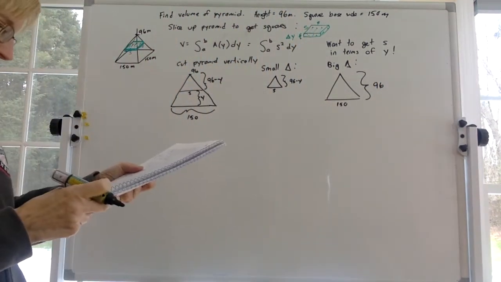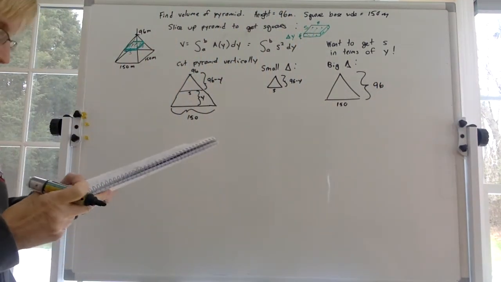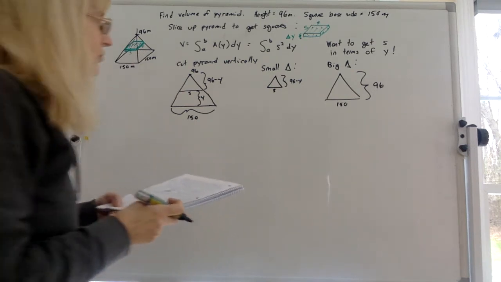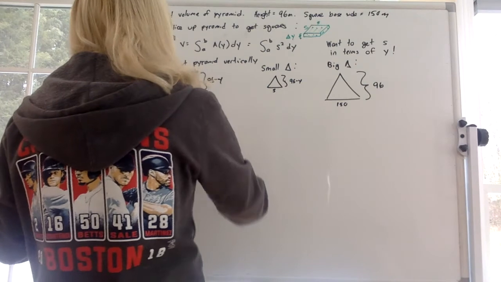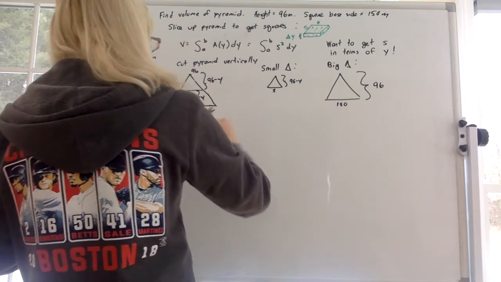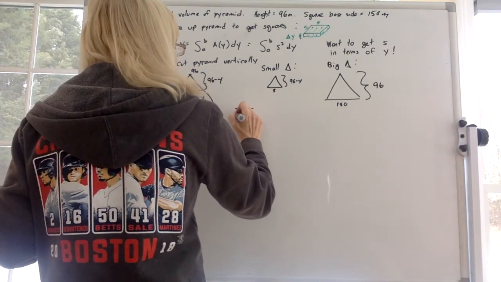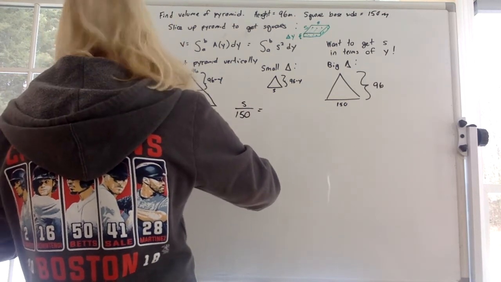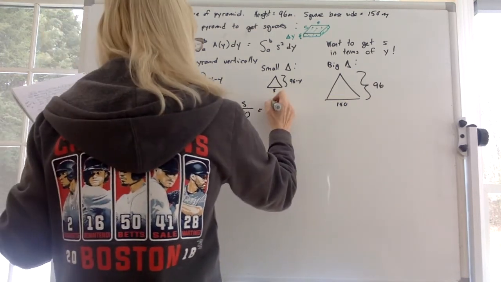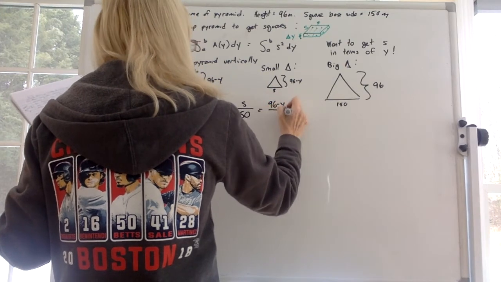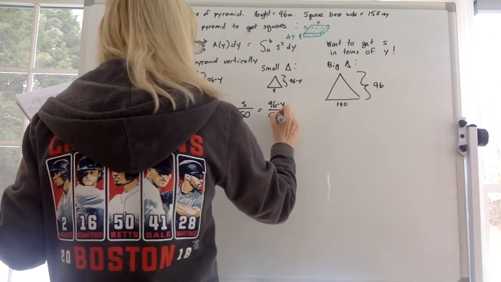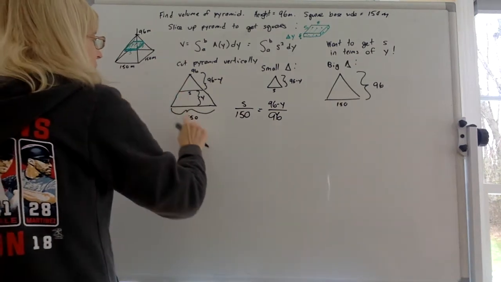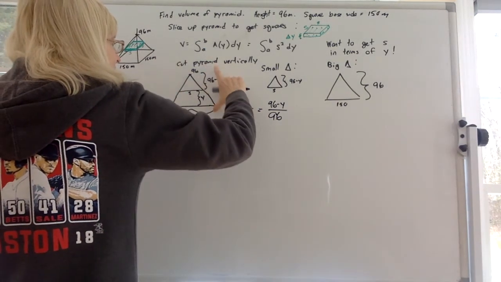Because they're similar triangles, they share the same angles, so we can set up proportions. S is to 150 as the height of the small one, 96 minus y, is to the height of the big one, 96.